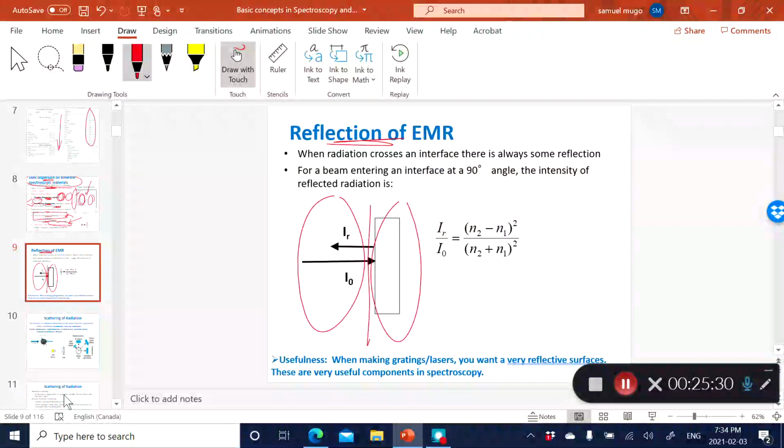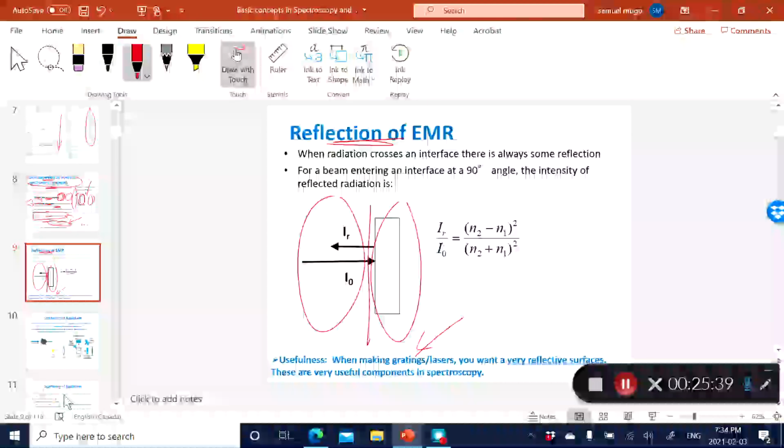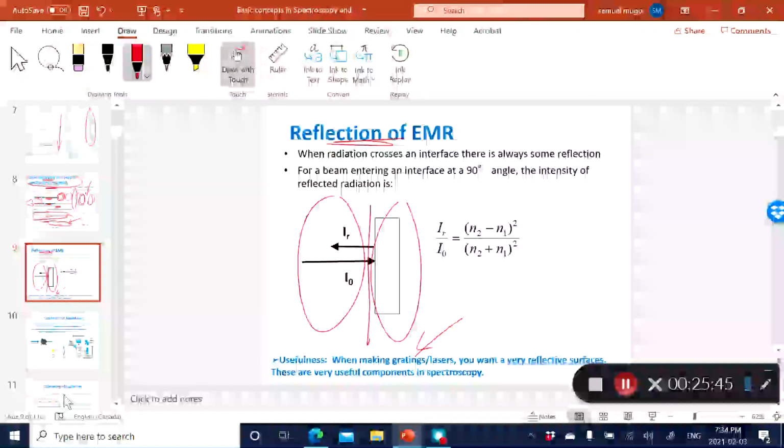And you're going to see, again, it's a very important property, especially for components such as gratings or even lasers, where you want a very reflective surface, so that you get very good transmission of light from one object to another.